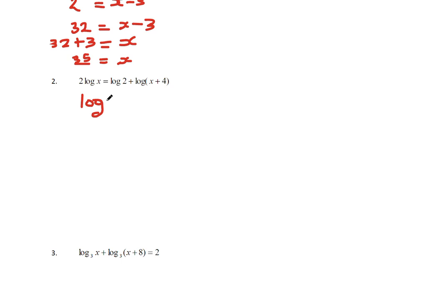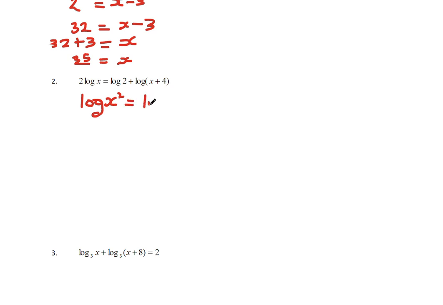So to condense this log function, we're going to express it as log of x squared. That is, we bring the 2 in front of the log up to be a power of x. When we're condensing, powers go up. So coefficients of logs go up to become powers of whatever we're taking the log of.